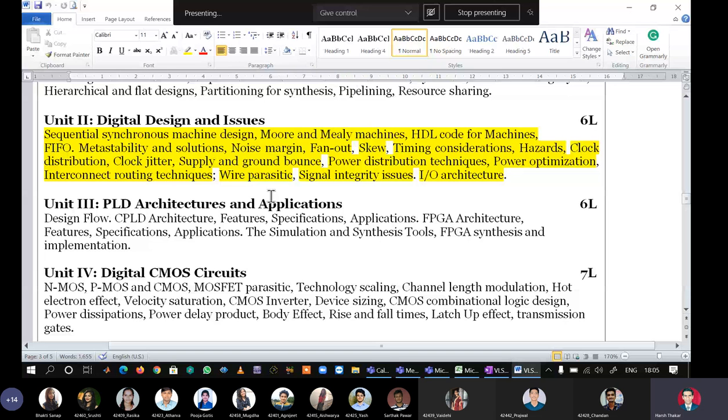If our college had been going on in offline mode, you could have got a clear idea about the third part, the remaining one-third portion of what is called PLD prototyping.